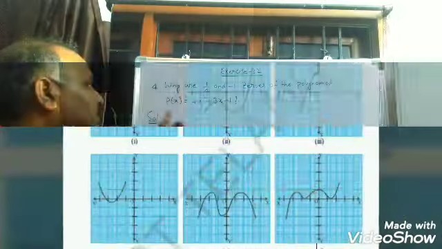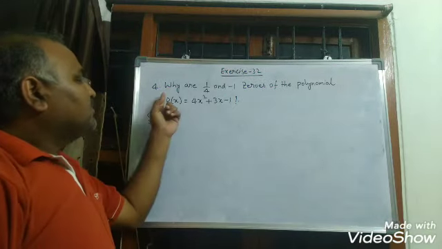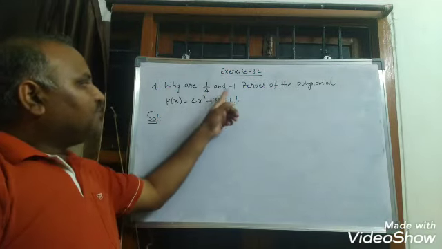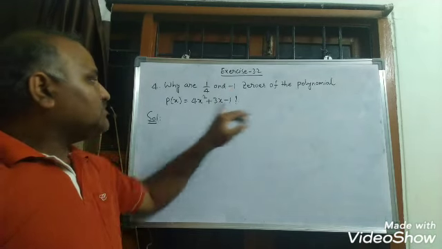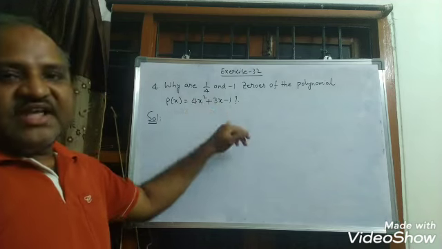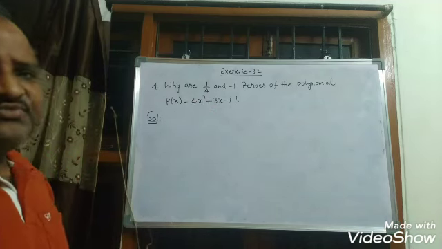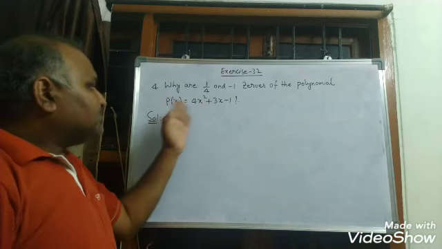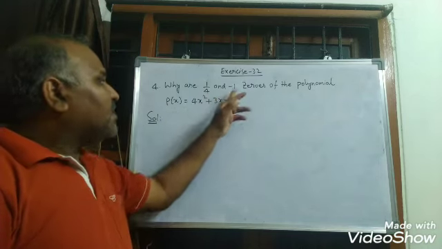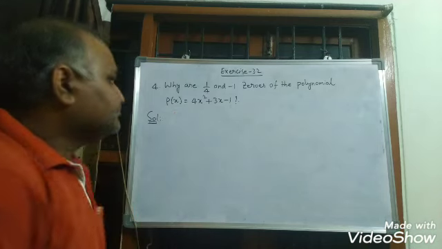Now let us see the fourth problem in this exercise 3.2. Verify that 1 by 4 and minus 1 are zeros of the polynomial p(x) equal to 4x square plus 3x minus 1. So for this also, it is very simple to substitute the values 1 by 4 and minus 1 in place of x and verify.